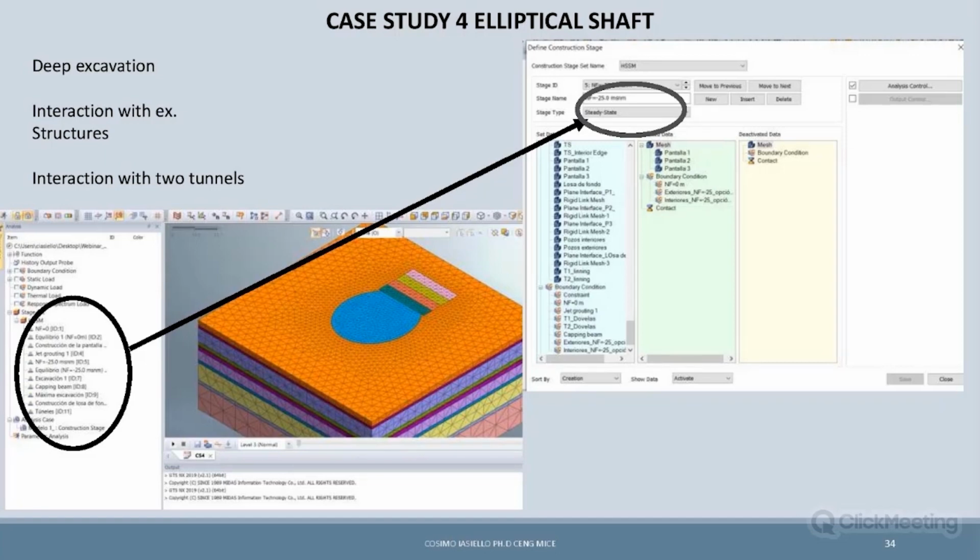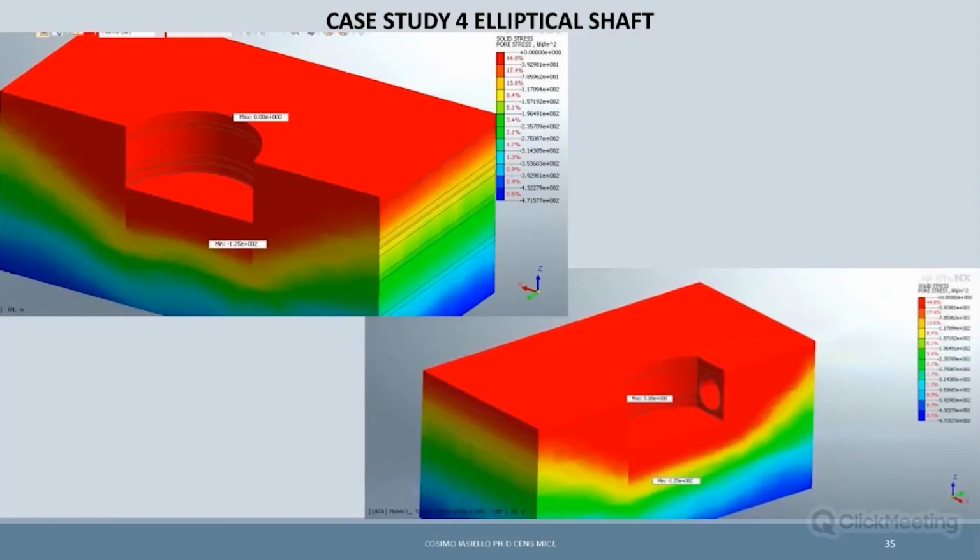You have the steady state analysis, where you are analyzing only the flow, and then you have the analysis of stresses, where you take the steady state analysis and implement it in our model. The results are the same. As you can see here, you have the vertical flow, and there is also a 3D effect, very difficult to capture with only a 2D analysis.